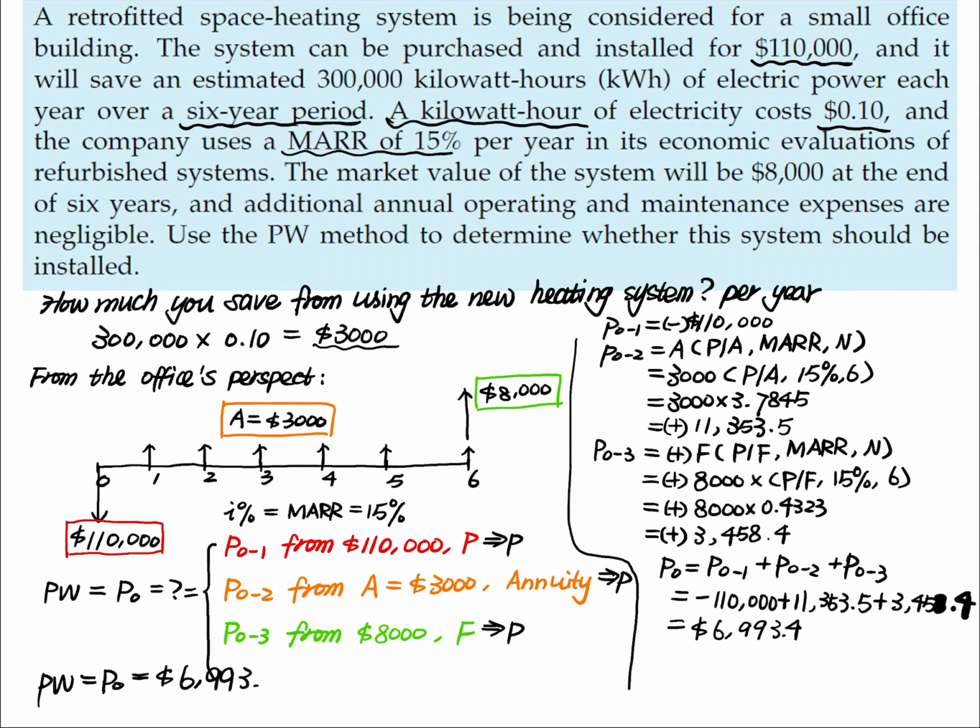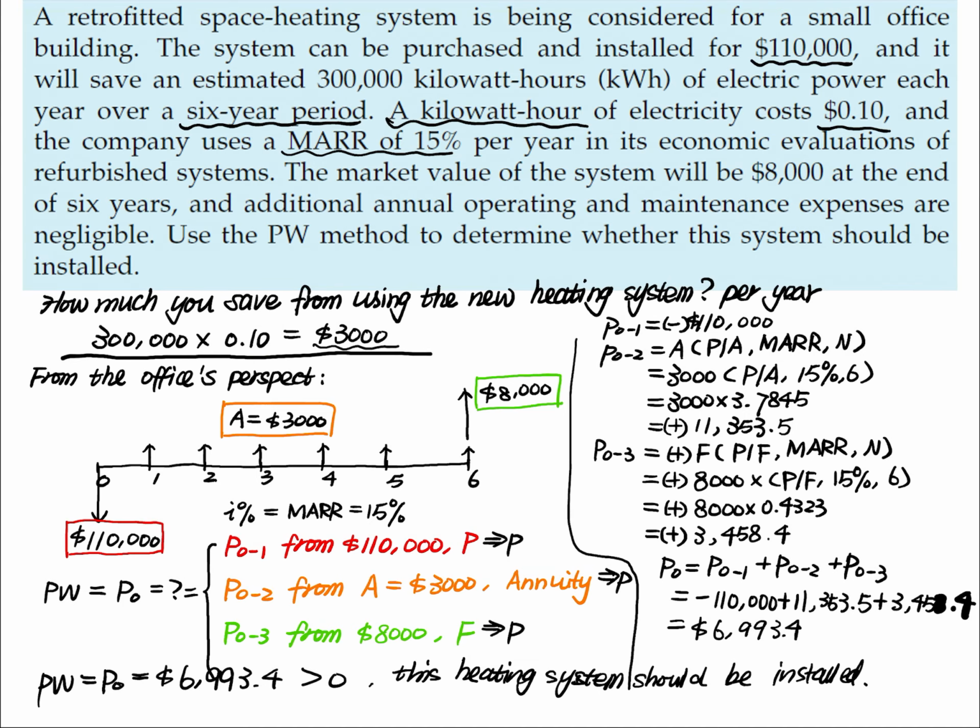Okay, so the PW, P0, is 6,993.4, which is bigger than 0, which means this heating system should be installed. So you accept this proposal.